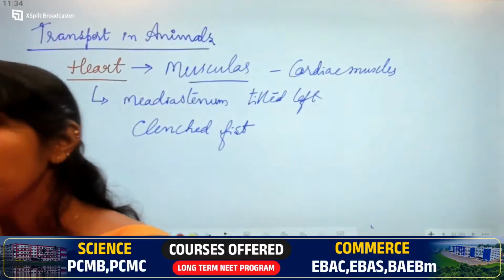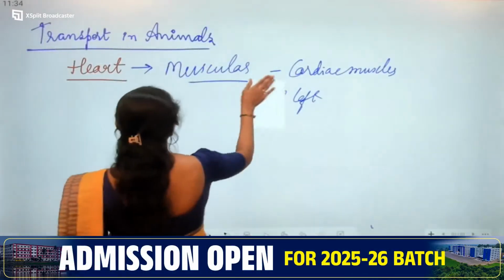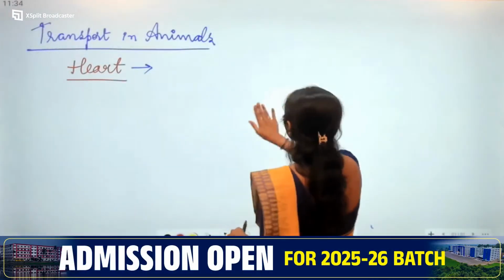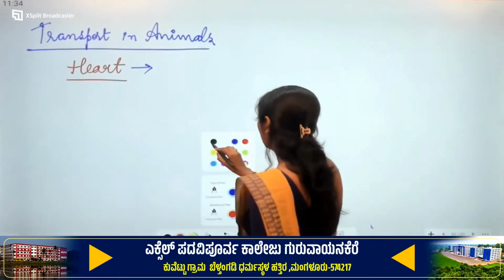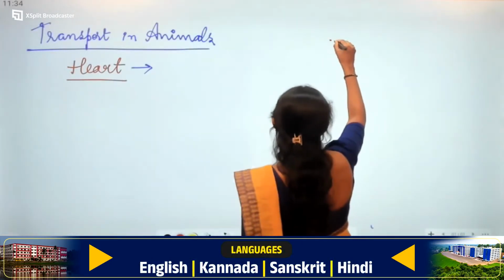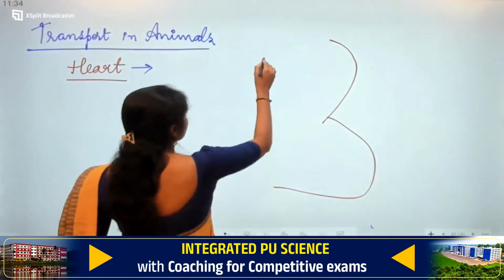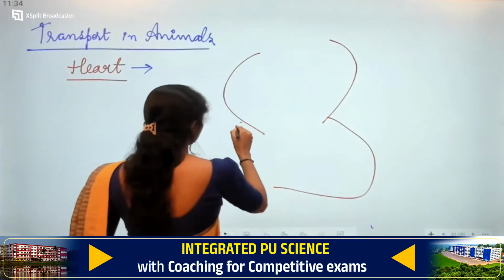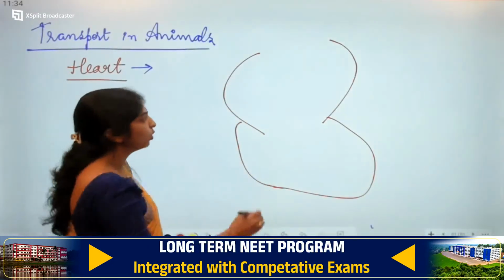Then coming to the structure, the heart is divided into how many chambers? 4 chambers. Which are the 4 chambers? 2 upper chambers and 2 lower chambers.